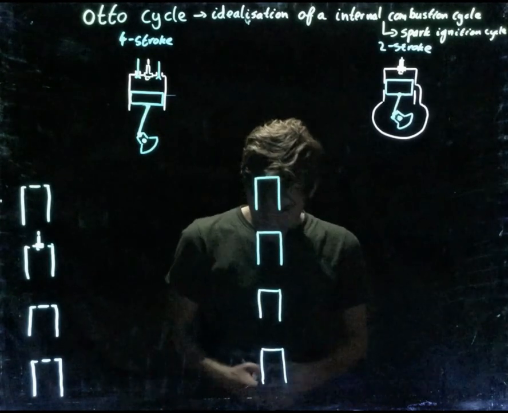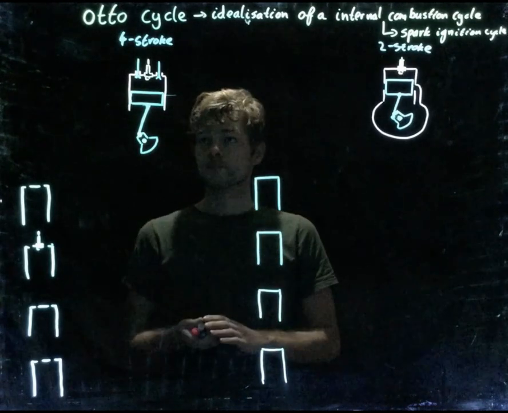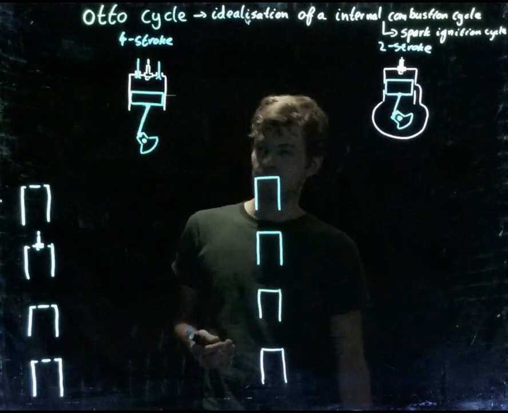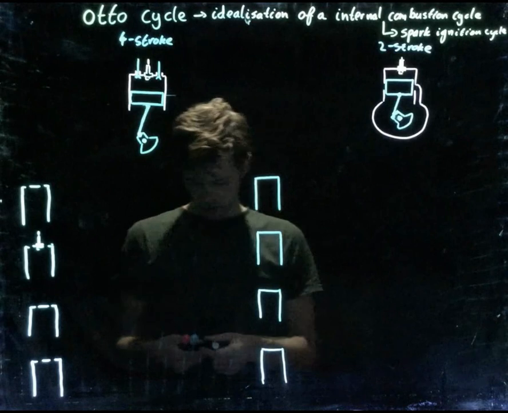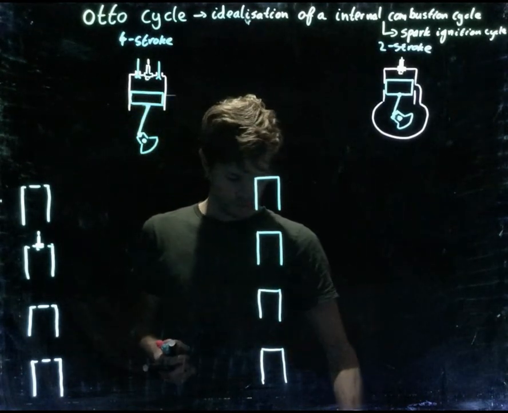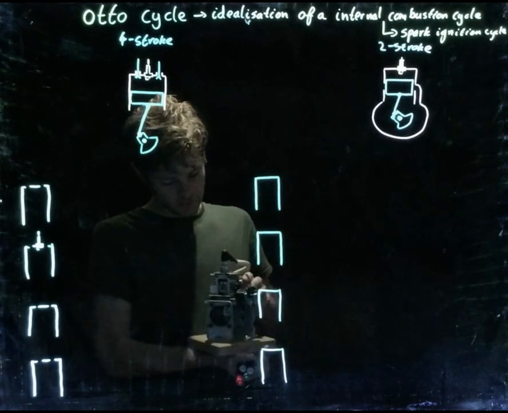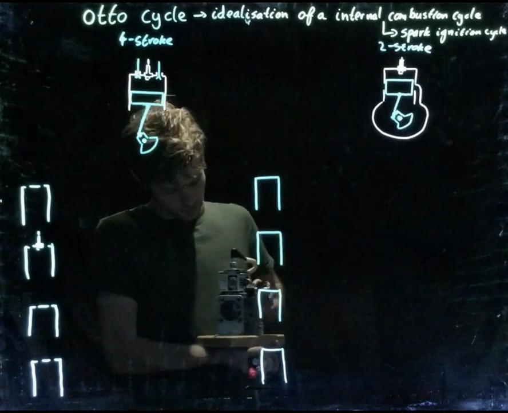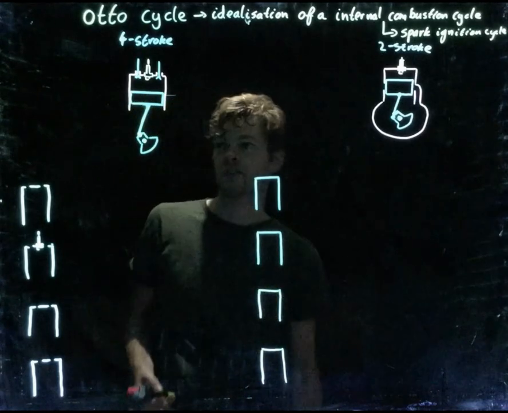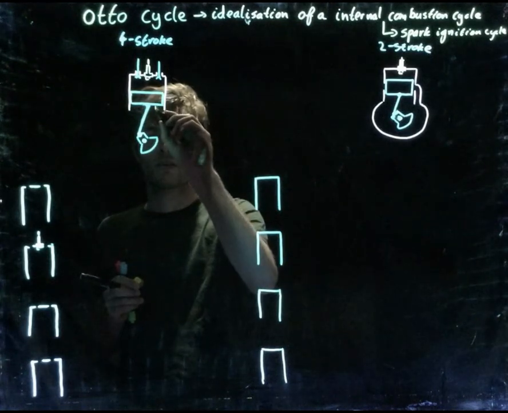So, first let's discuss the layout of such a cycle. I'm going to start with the 4-stroke engine. The most important item is probably the piston that's over here. It's a cylindrical unit and it moves up and down, and that's actually the heart of the engine.